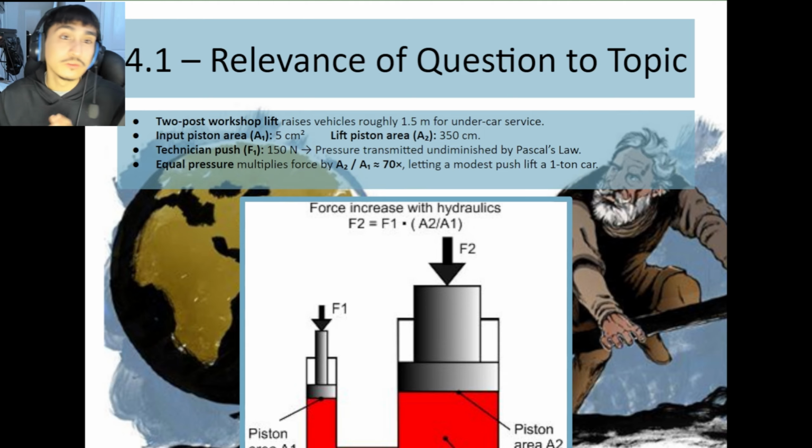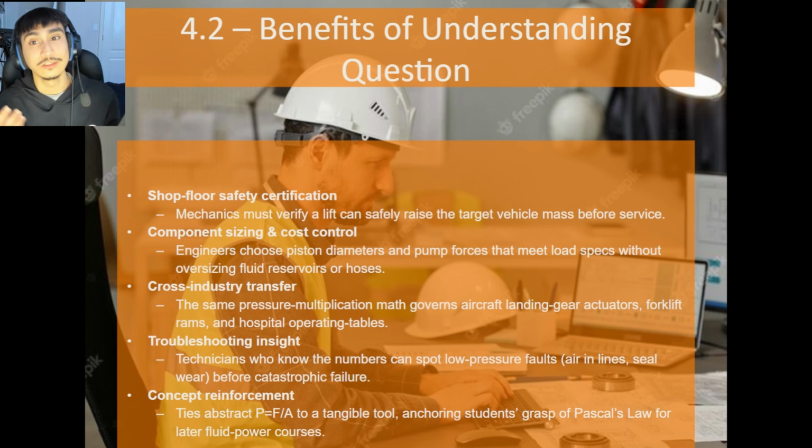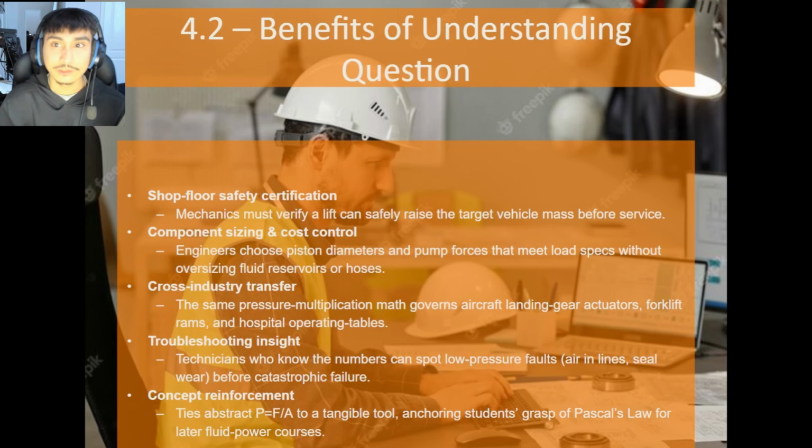So for the benefits of understanding this question, understanding these calculations is crucial for engineers designing safe, reliable systems, from elevators to mechanical pumps. So the engineers are pretty much using these calculations to help them design safe and efficient systems.